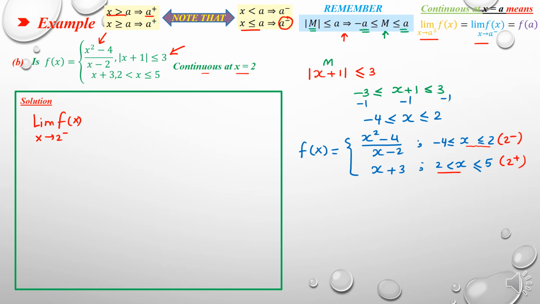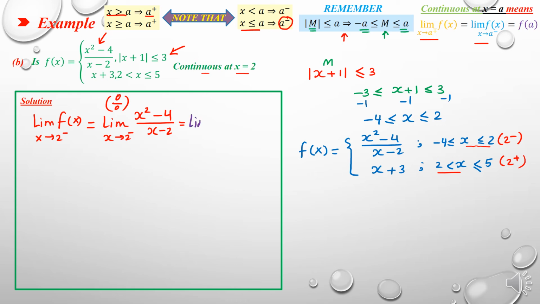This limit will be the limit of x squared minus 4 divided by x minus 2 when x goes to 2 from left. If you use direct substitution and plug in the value of x equals 2 in the inside function, you will get 0 over 0, which means you have to factor the function in the numerator.